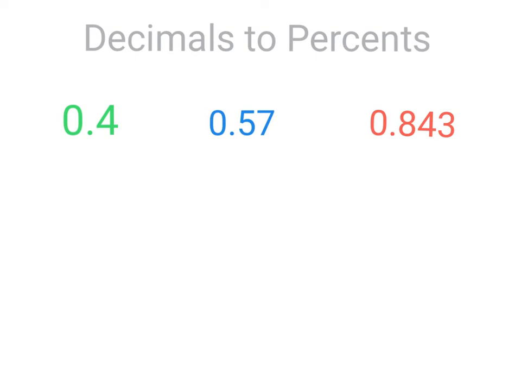Okay? Last slide, decimals to percents. This is so easy. All we got to do is move the decimal point, right? So we said in a previous slide that when you have a percent, like 77%, do you remember that? We move the decimal point 2 to the left, and we get 77 hundredths, right?